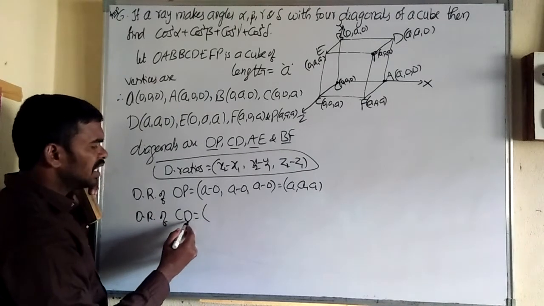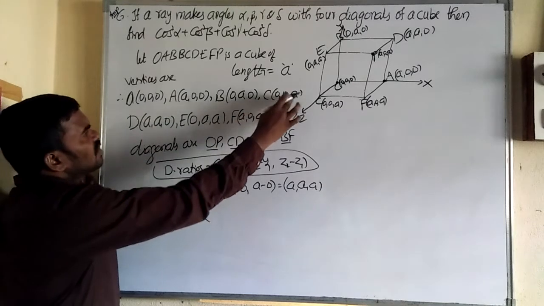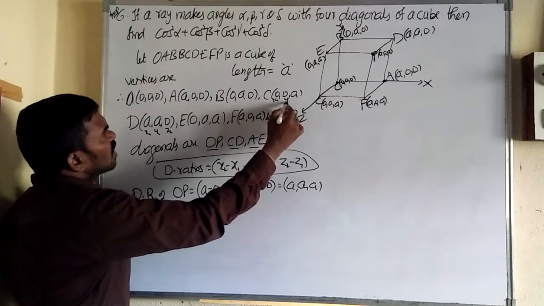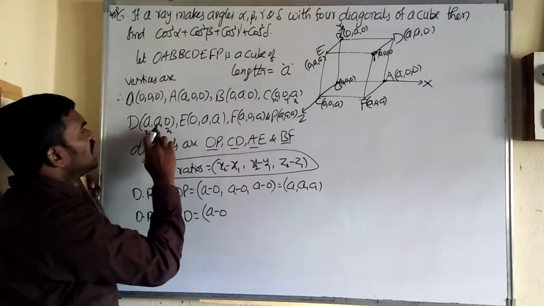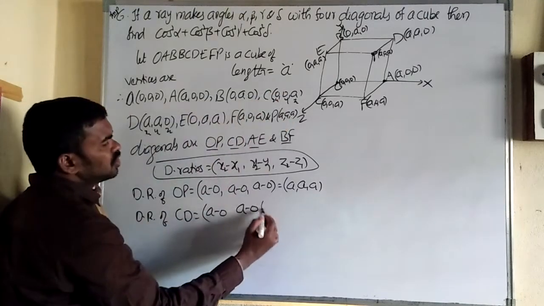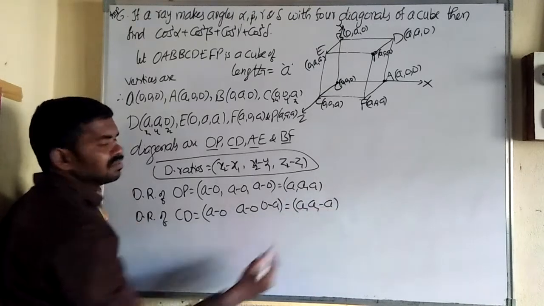In this CD, D is taken as x2 y2 z2, C taken as x1 y1 z1. So x2 minus x1, a minus 0, y2 minus y1, a minus 0, z2 minus z1, 0 minus a.